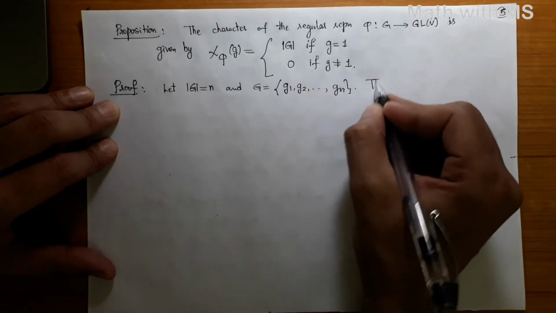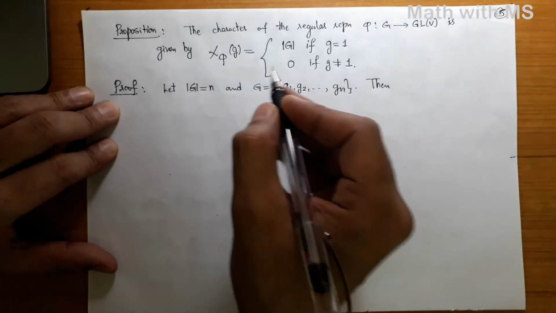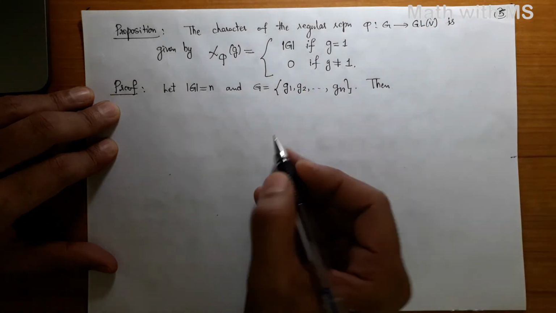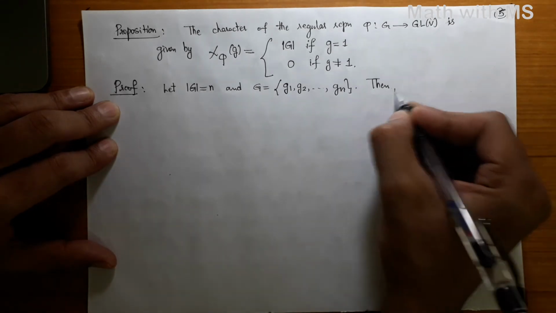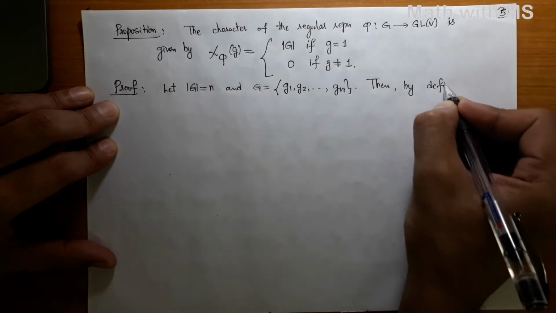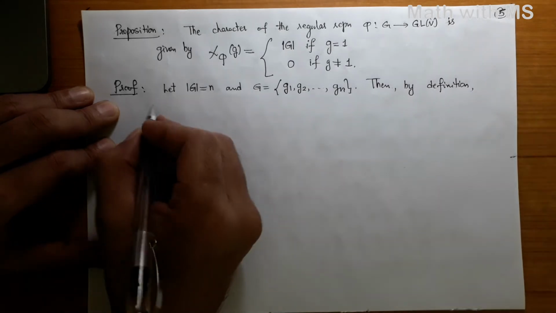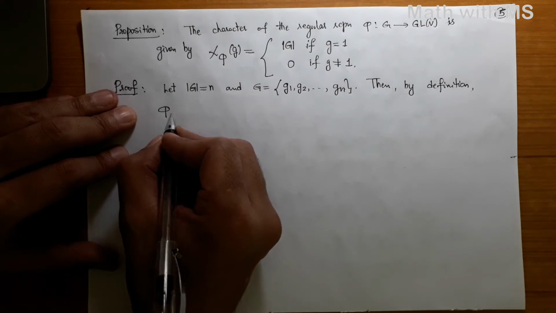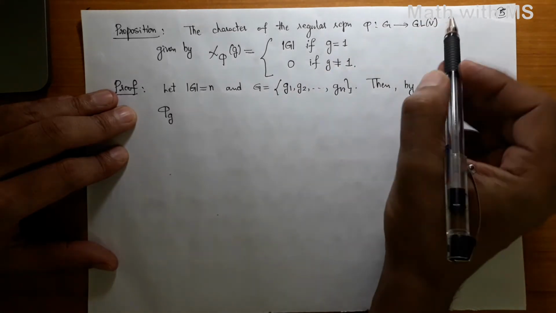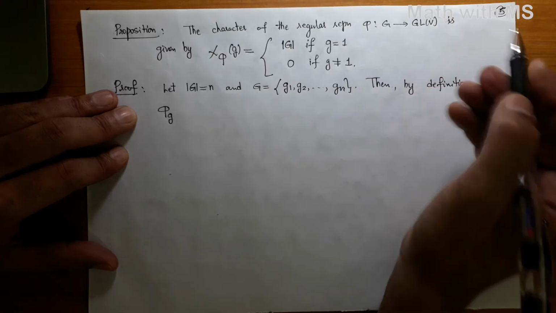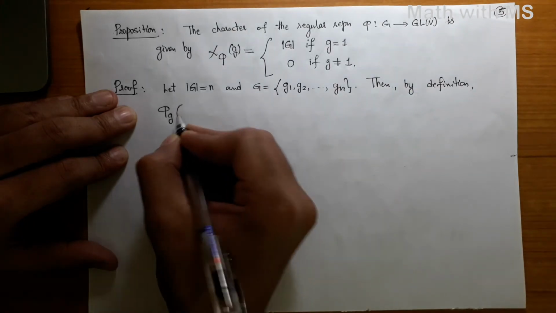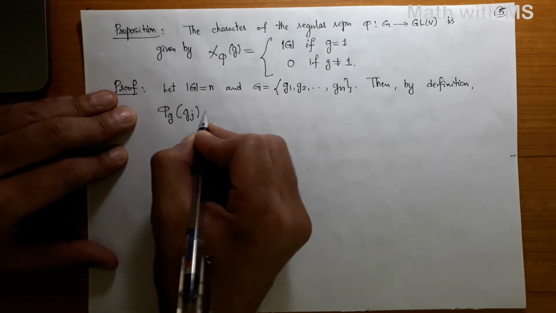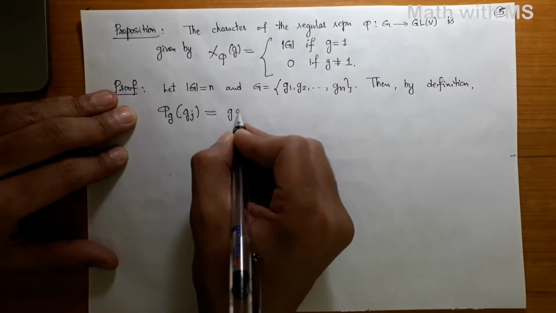Then recall how this regular representation acts on elements of the vector space V. By definition, phi of a group element g acting on a basis element of V, which are again group elements, so acting on any gj, is just by definition g times gj.